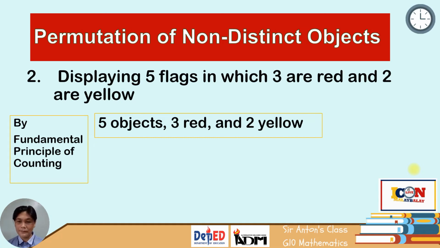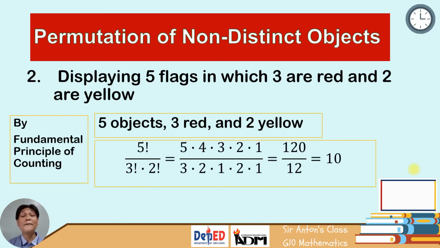For the systematic listing, you can refer to the module, but I am going to present to you the fundamental counting principle. So we have there 5 factorial for 5 objects divided by, since there are 3 red, 3 factorial, and then we have 2 yellow, so 3 factorial times 2 factorial are the divisors.